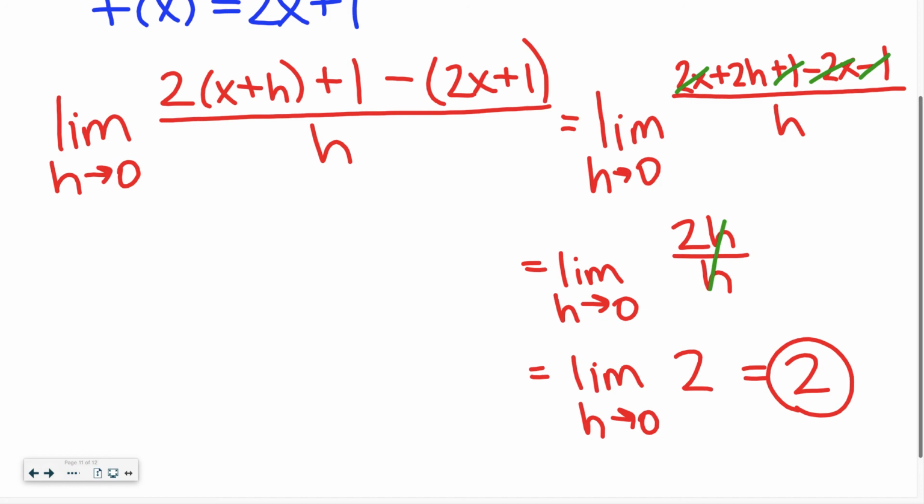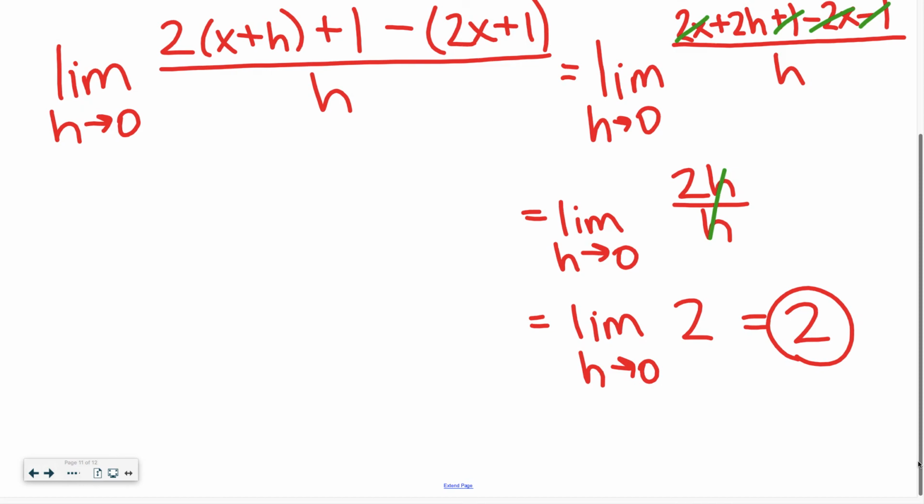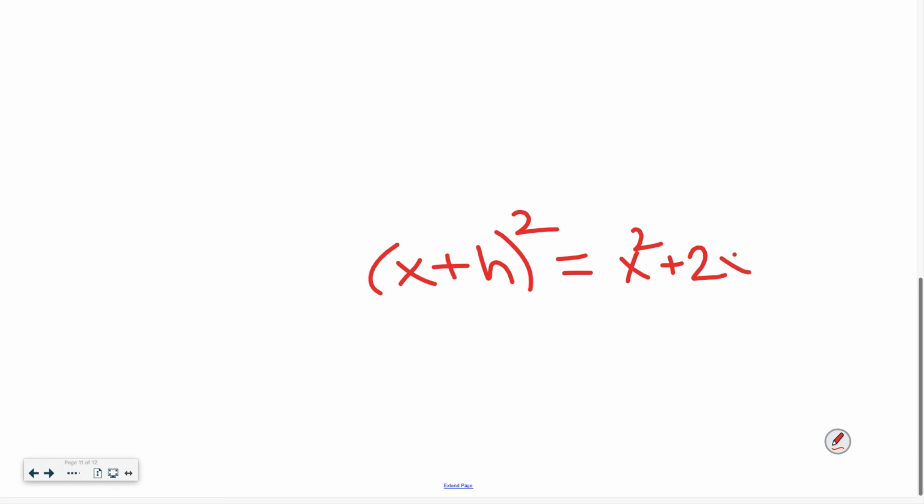Plug 0 in for h to evaluate the limit, but if you're left with something involving x, that's fine. One thing before we close. What is x plus h the quantity squared? Okay, just checking. Thank you.